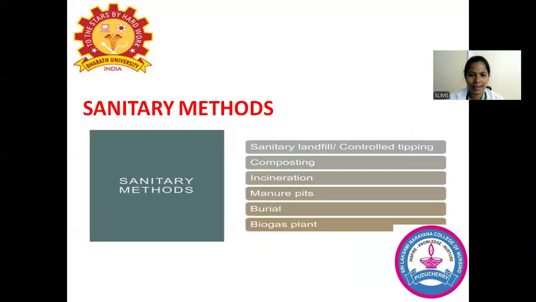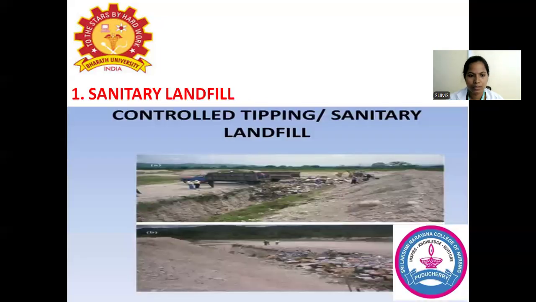Next, we'll see the sanitary methods. These include sanitary landfill, composting, incineration, manure pits, burial, and biogas plant. First one is sanitary landfill. By the name itself, we can understand that the land is filled with the refuse and it is covered properly. That's why it comes under sanitary method.